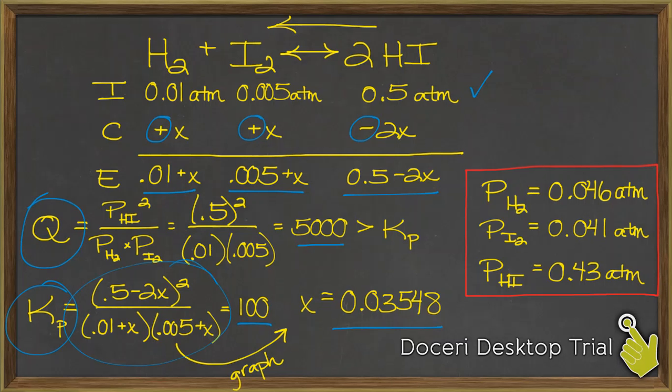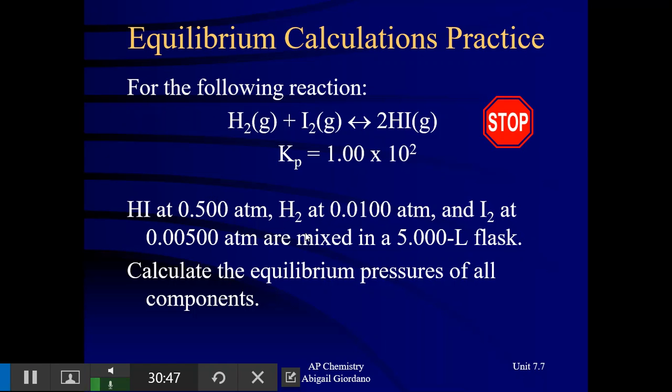But let's assume that you did get this value for x. You come back, you plug it in here, here, and here, and there are my final pressure values. So you can do an ICE table problem with molarities, and you can do them with pressures just as well. And you'll notice that this volume we were given here is totally extra information. We didn't even use it at all.